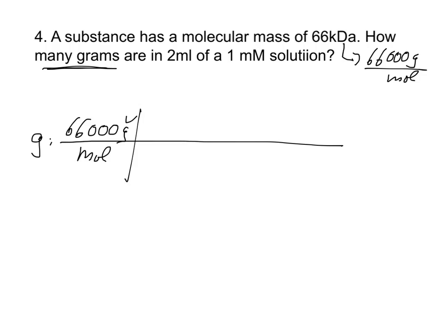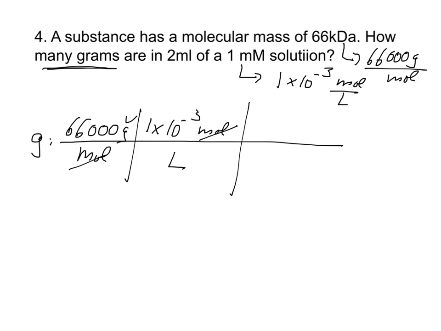Now the gram is okay, but we want to get rid of the mole. Do we have the unit mole anywhere? Yes, it is in this 1 millimolar, because this can also be written as 1 times 10 to the minus 3 mole per liter. So we write this down. We see the moles cancel out, so we now have to get rid of the liter, and we have the unit liter in here.